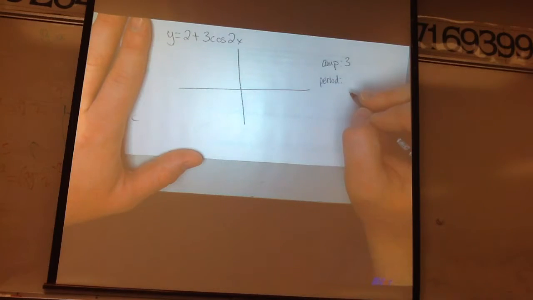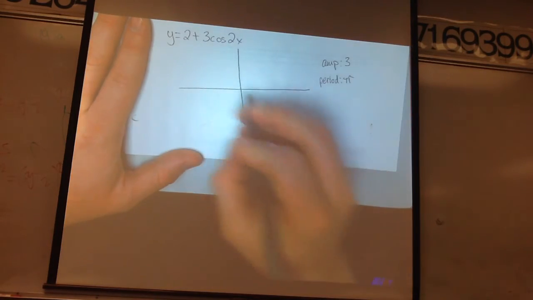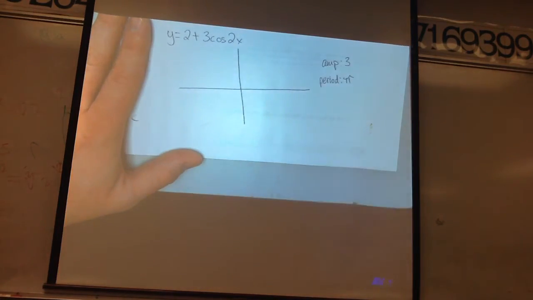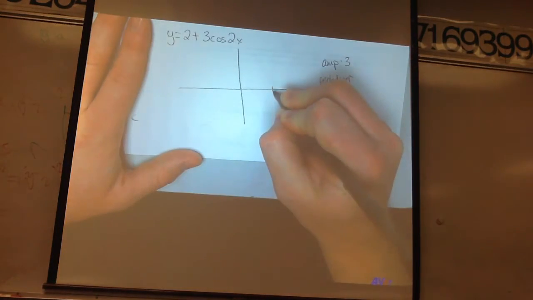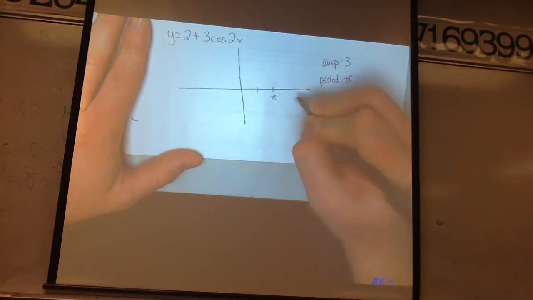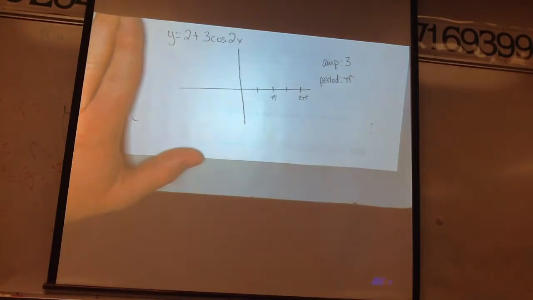So 2 pi divided by 2 is pi. This will help you scale your axes now. Probably should go by pi. Good enough.